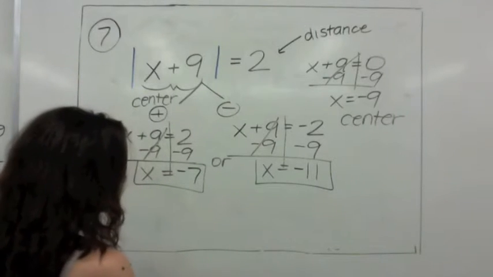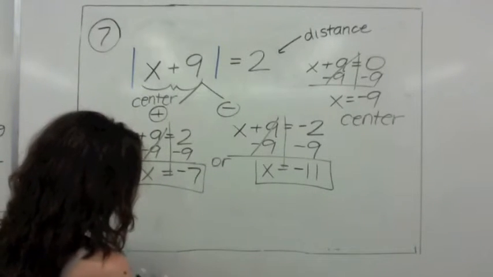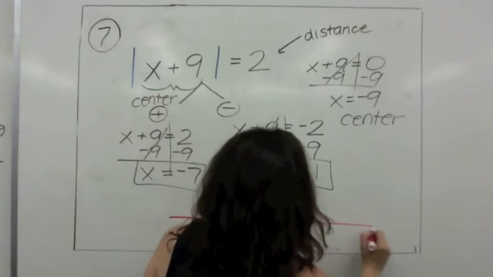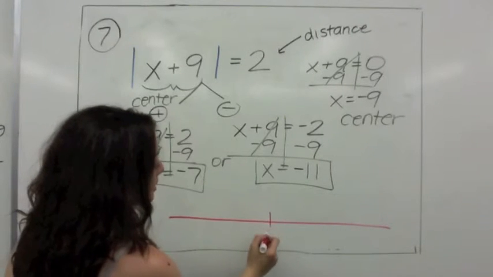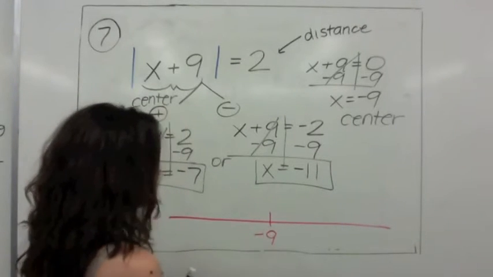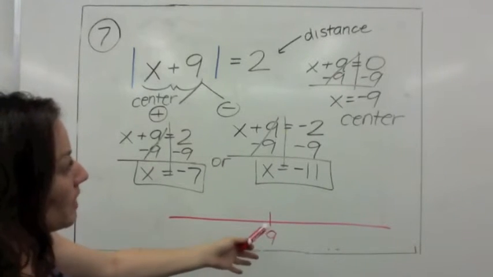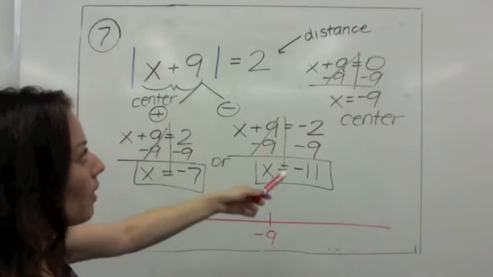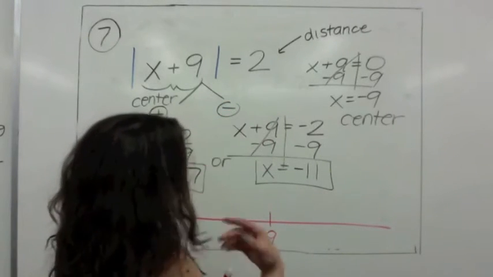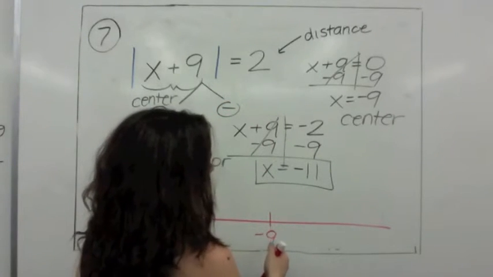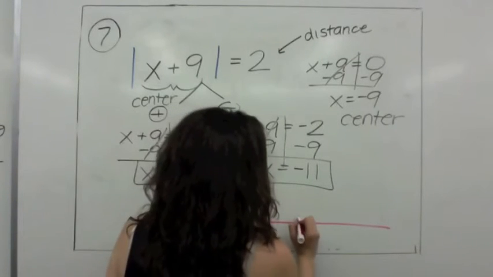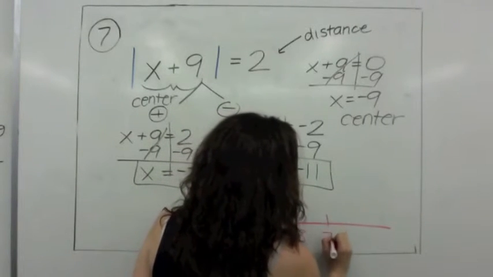So I'm going to make a number line. What did you say the center was? The center is negative 9. All right. So we're going to go, pretty much it's plus or minus 2. So 2 more than negative 9 is negative 8, negative 7, okay?